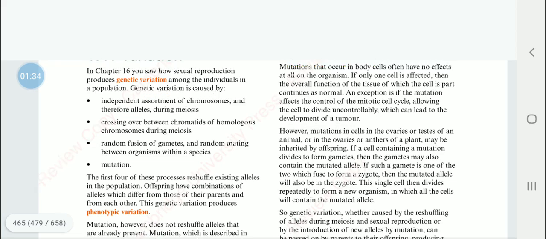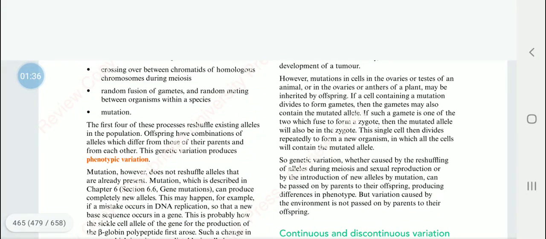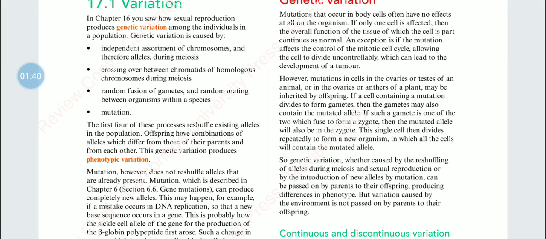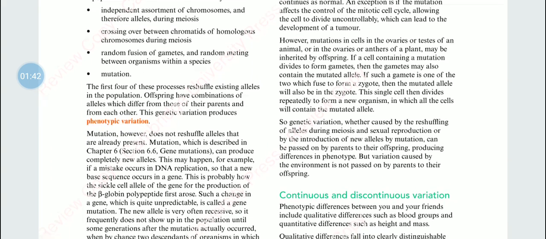Now, if there is a mutation in the ovaries or the testes of an animal, it will be inherited by the offspring. If that mutated cell divides to form gametes, then the gametes will contain that mutated allele.